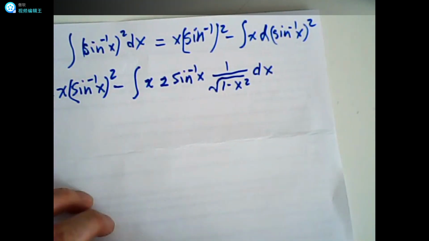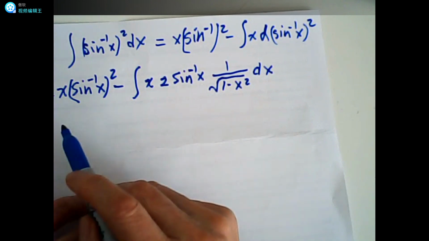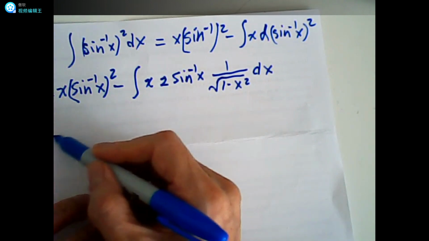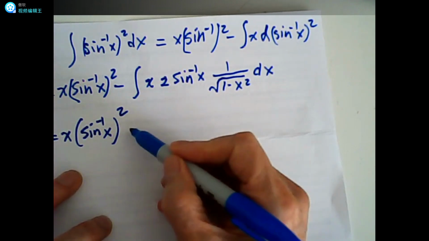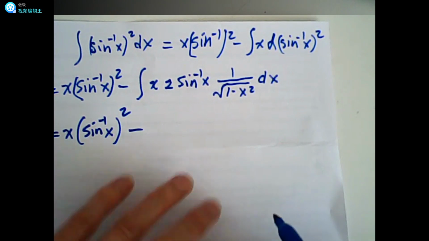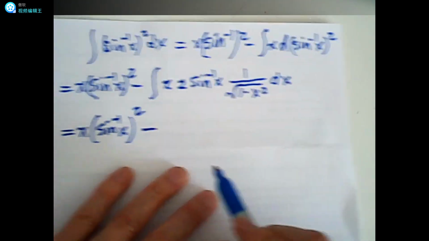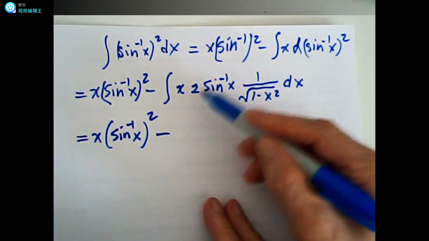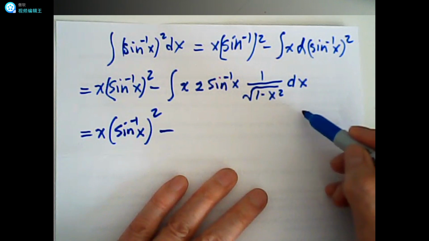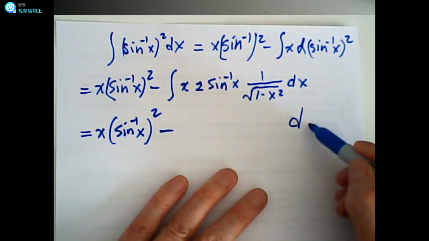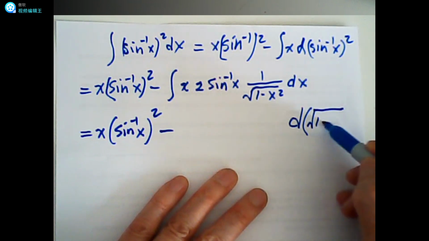Okay. All right. Good. Here this is equal to x arcsine x squared minus. Now here I try to organize the integrand to satisfy the condition for by parts. So let me have a d of 1 minus x squared.